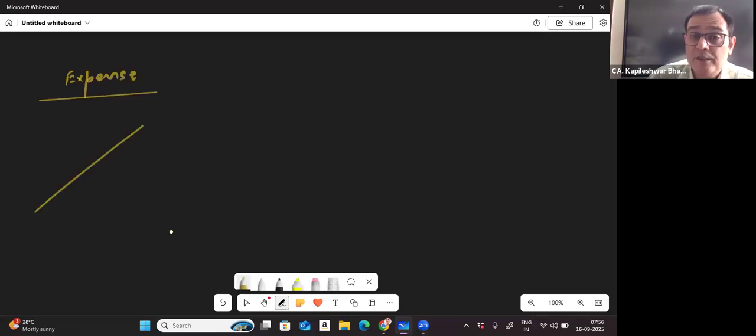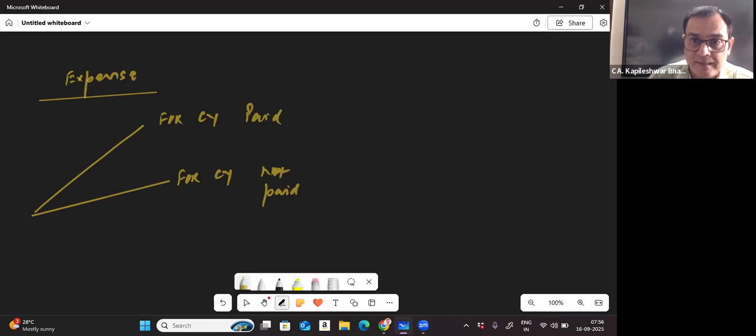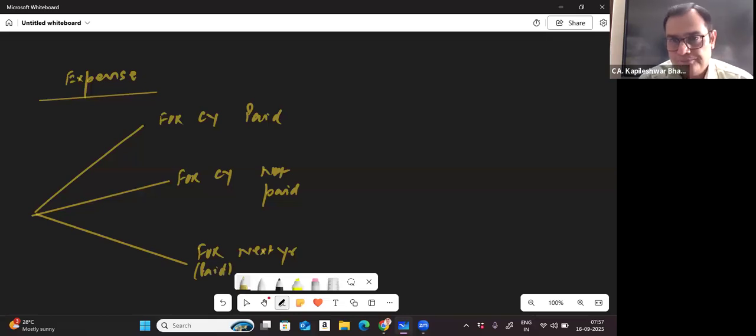For current year paid. Then for current year not paid. And it is paid for the next year. So these are the 3 variations.